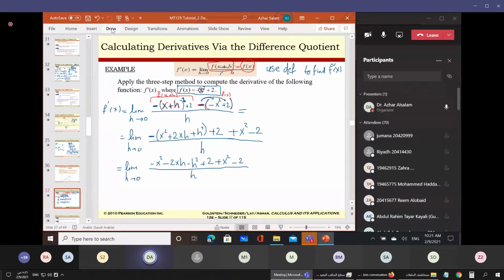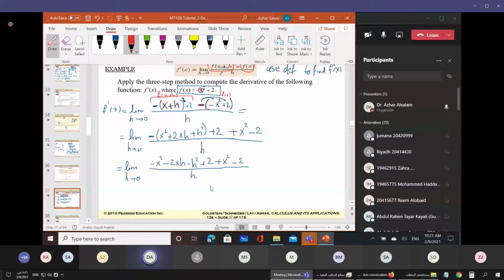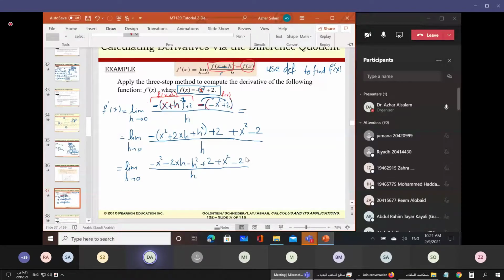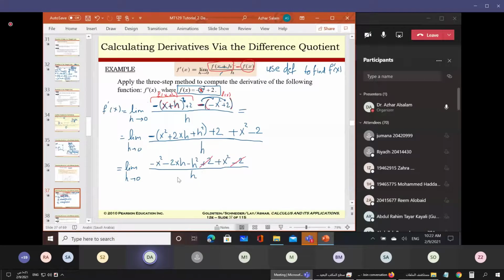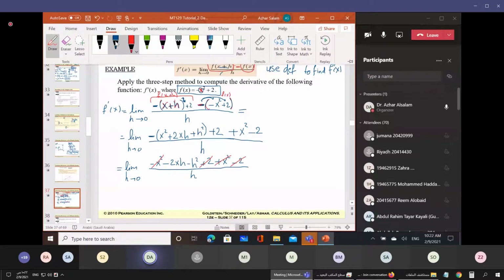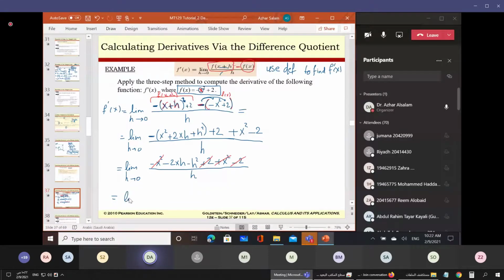Notice here that I can simplify before I complete. I have minus 2 with the plus 2, I can omit them together. And also I have minus x squared and plus x squared, I will omit them together. This is the remaining value. So I will complete the limit when h approaches 0 of minus 2xh minus h squared divided by h.